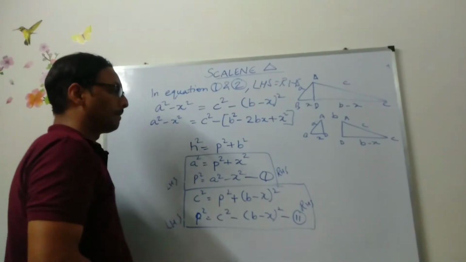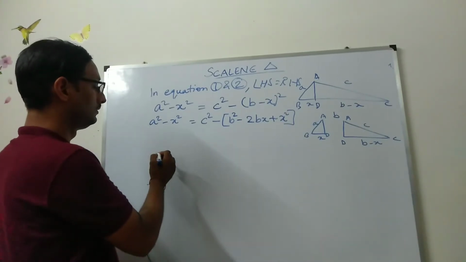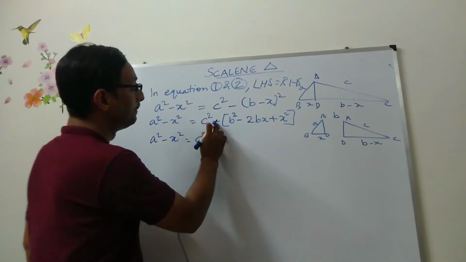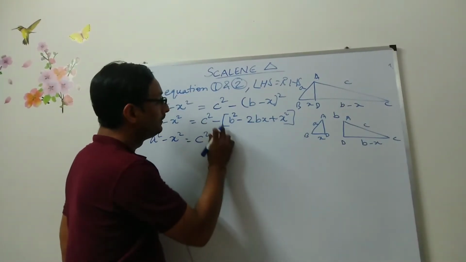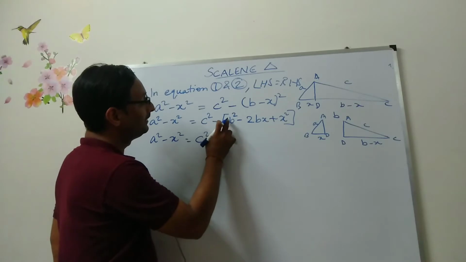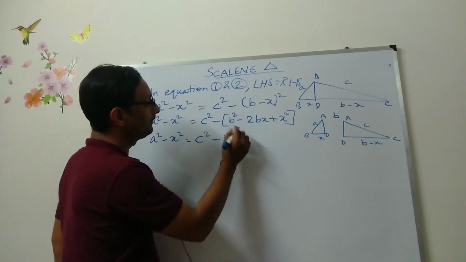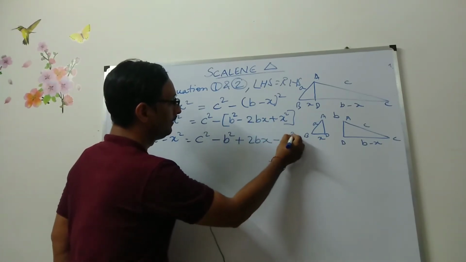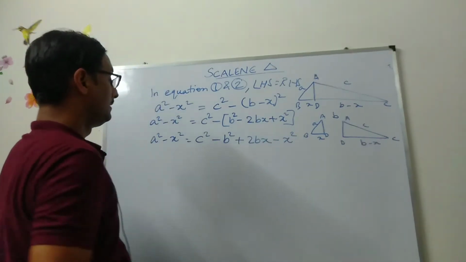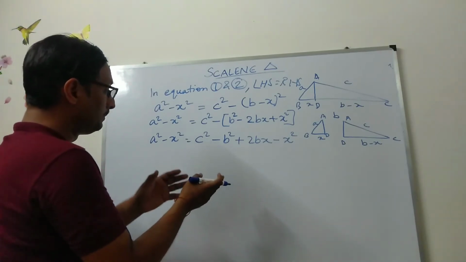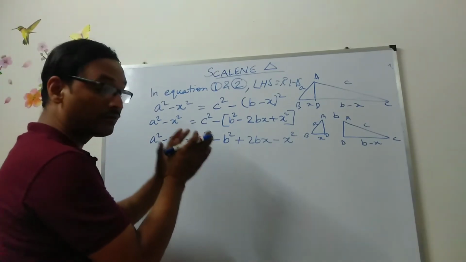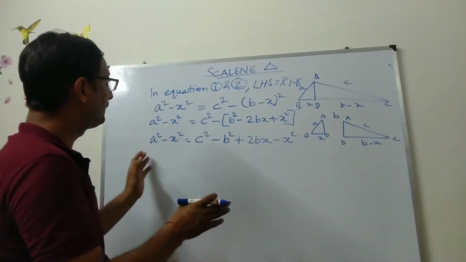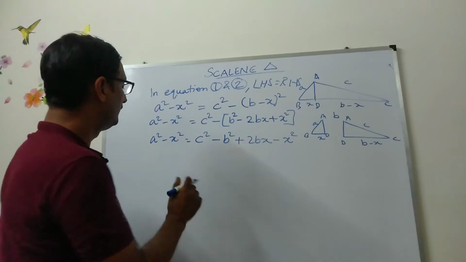So A square minus X square, C square. Multiply with this minus, all the minus plus minus B square, minus minus plus 2bx, minus plus minus X square. So you shift each and everything apart from X only. X will stay at the same position, and apart from that everything goes to the other side.